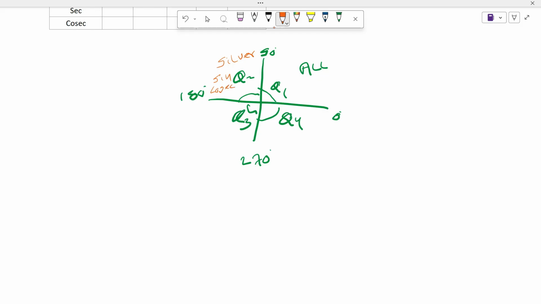They are defined here, but they will have a minus sign. Only these two have a plus sign. In the first quadrant, everything, sine, cosine, tan, cot, secant and cosecant, is positive.